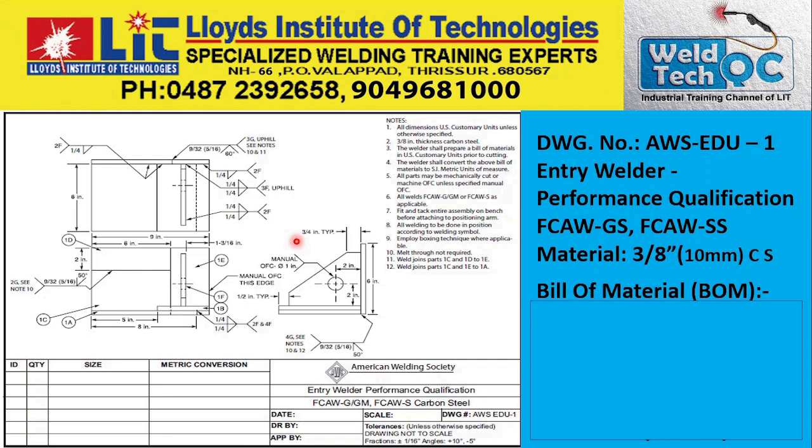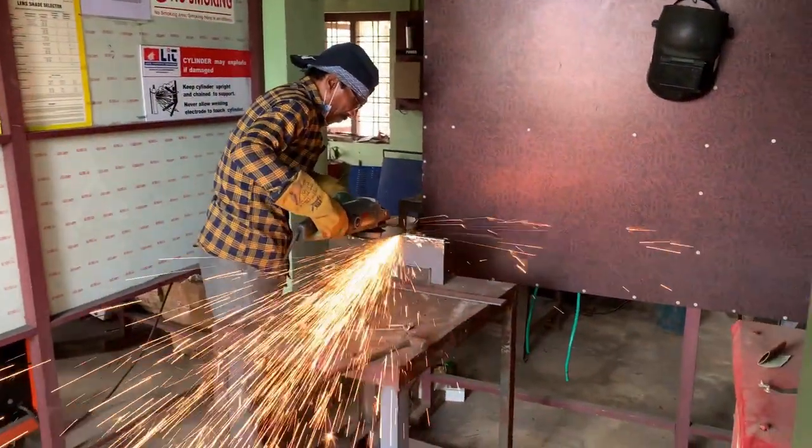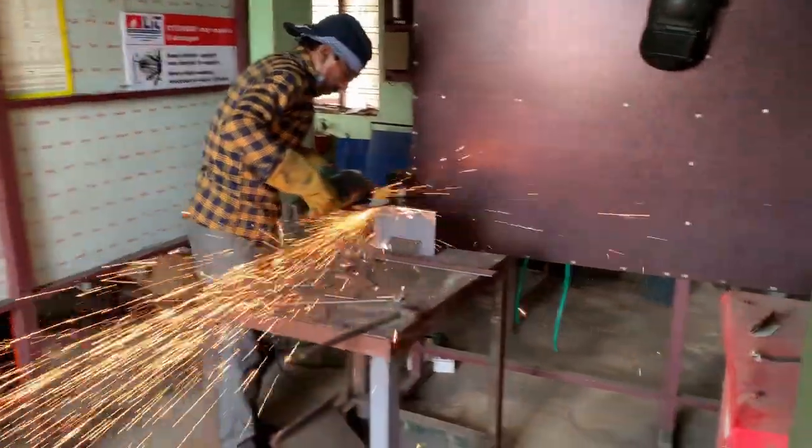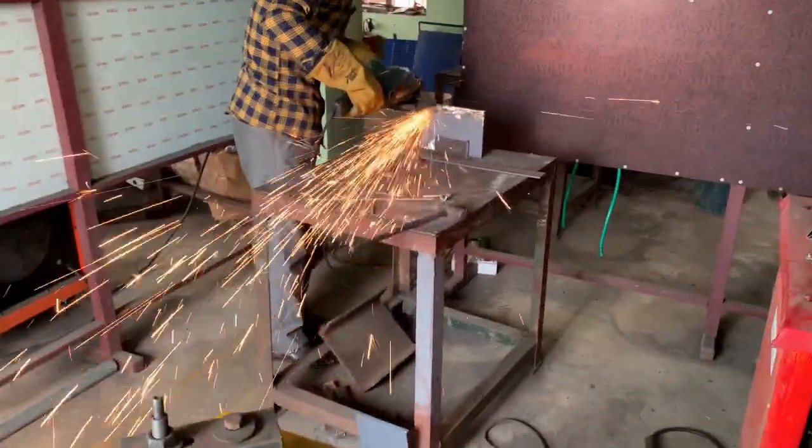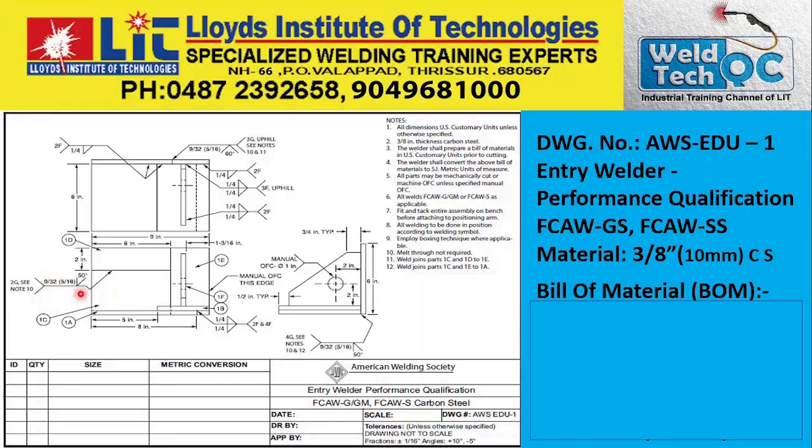So first of all, let us find out for each part mark what the size and shape is, and also what bevel preparation is required as per the welding symbols. Wherever bevel preparation or welding details are required, they are given in the welding symbols, so you should understand from that. All this we will go through, try to understand and learn.